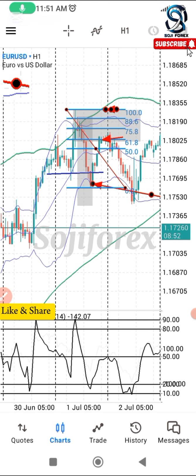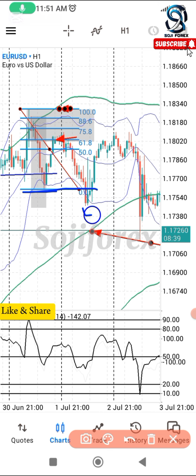Because this is a downtrend, it is expected that price will come down to take away the liquidity of the lower low in order to create a new lower low. So here my take profit will always be at this zone, somewhere here. This is my TP, right?